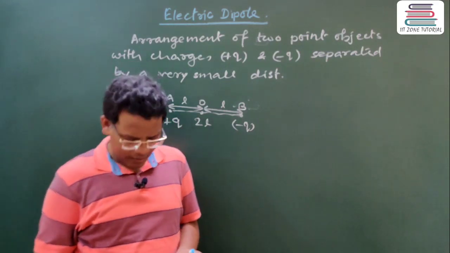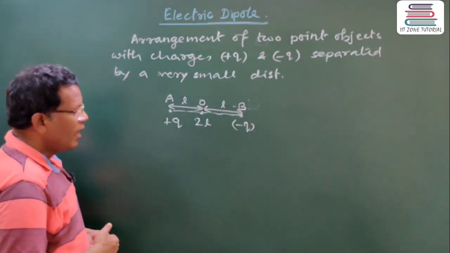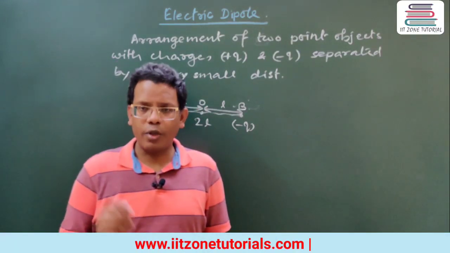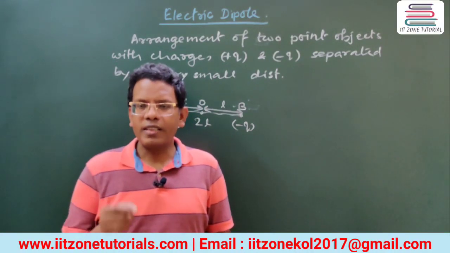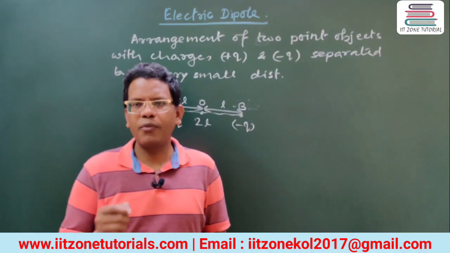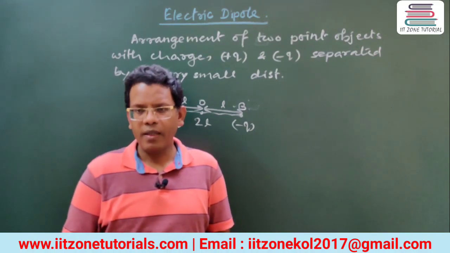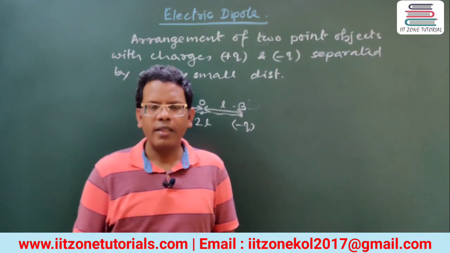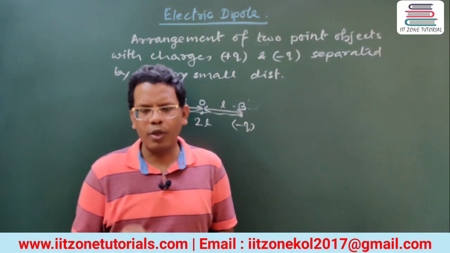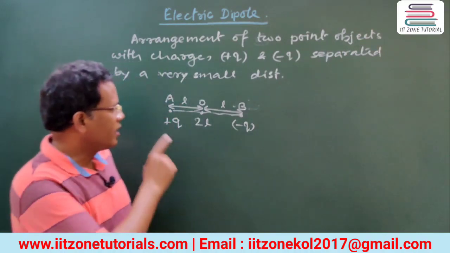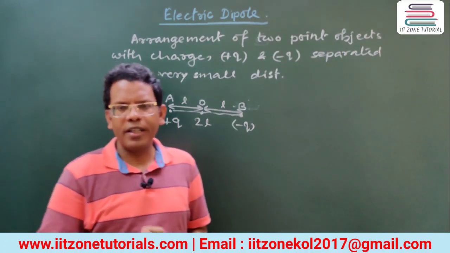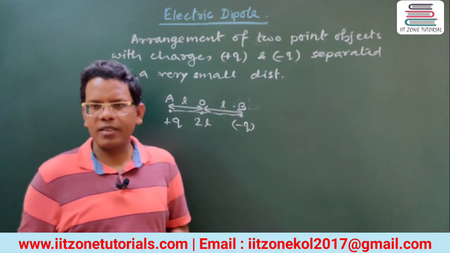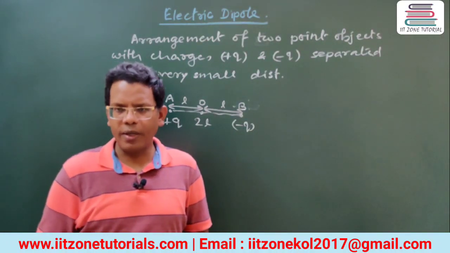This line joining these two point charge bodies is called the dipole axis. Now, as we have discussed the electric field and electric potential for a single fixed point charge, in the same way we can calculate the electric field and potential for this set of two point charges, plus q and minus q, separated by distance 2L.